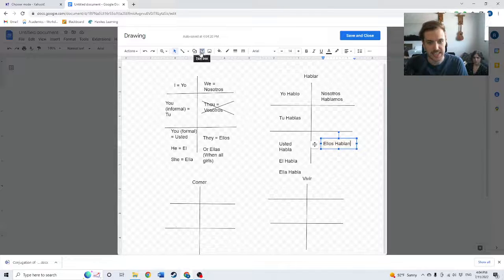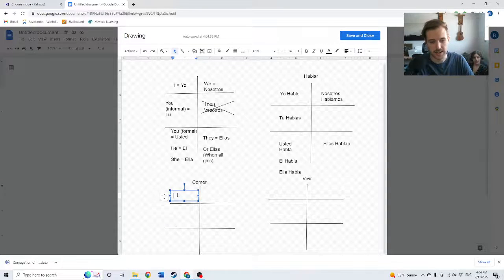Now let's continue to an ER verb, so a verb that ends with ER. And these are things you can apply to the majority of AR, ER, and IR verbs. So comer would be I eat, or the verb to eat. So I eat, yo como. And then we would continue down to you eat informally, tú comes. Below that, usted come, él come.